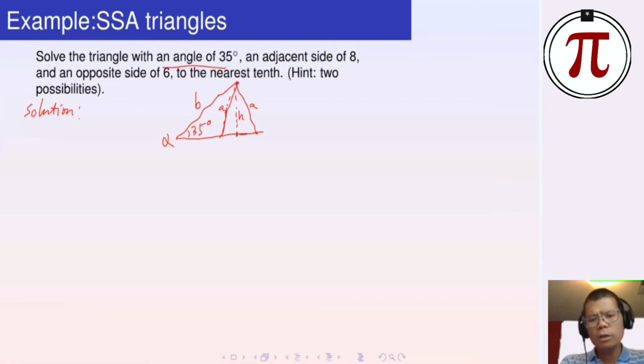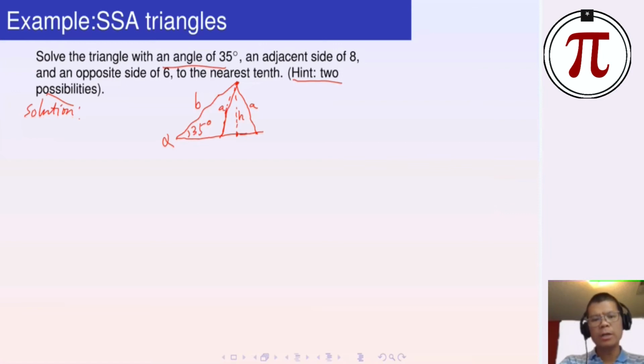Now, how do we determine that it has two possibilities? Here we are given the hint, but if there's no hint, what shall we do? What we can do is, firstly, find the value h.